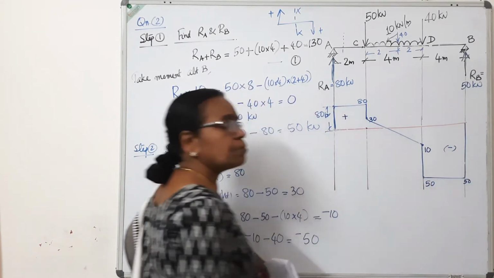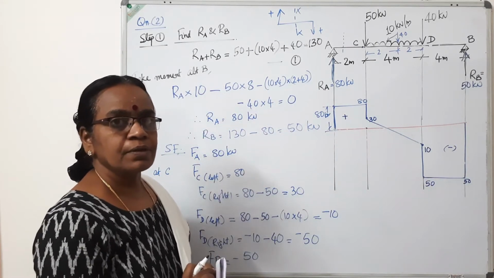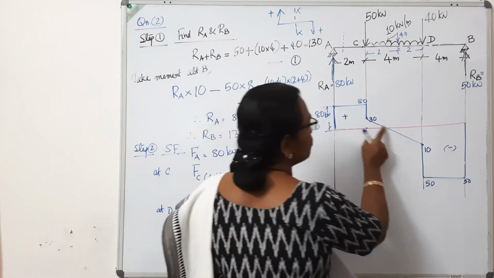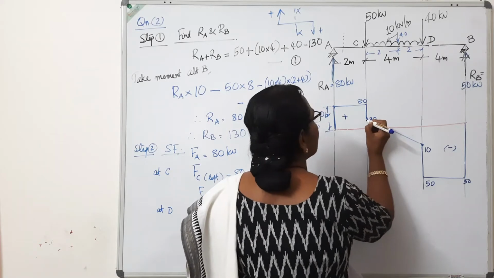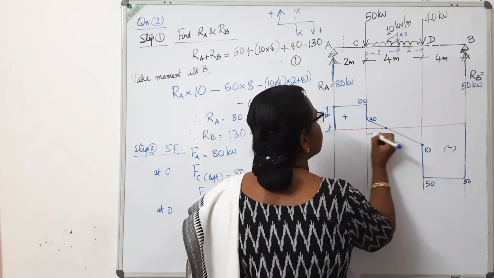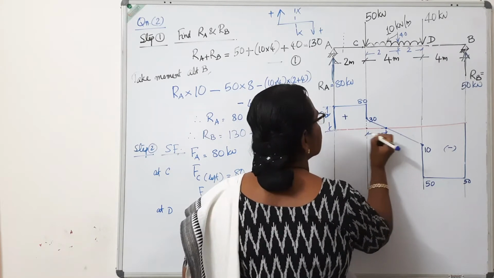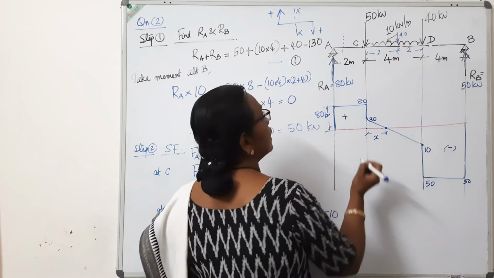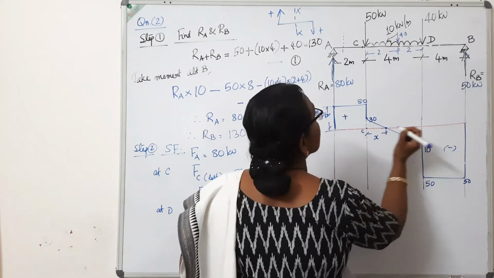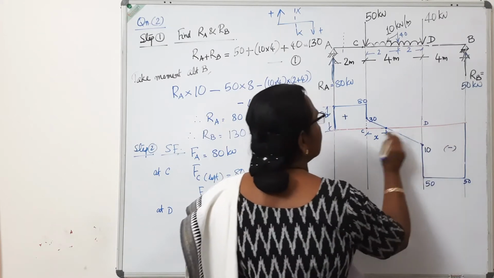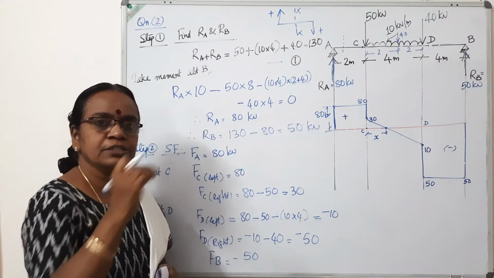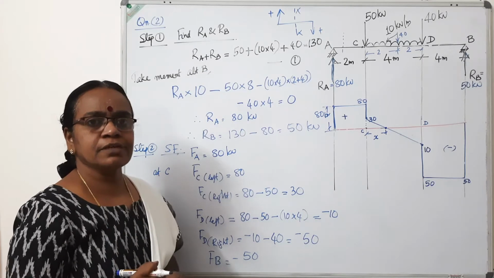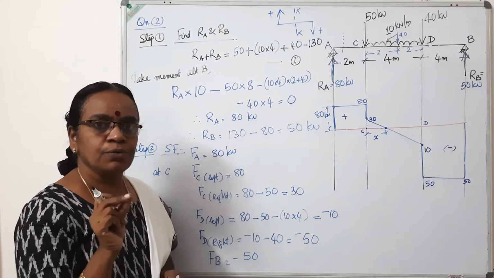Now the speciality about this is, in this portion since there is UDL, in the shear force diagram there is a point where the shear force is 0. This point is very important. It will be at a distance x from C. This point is C. This point is D. In the portion CD, there is a point where the shear force changes its sign or the shear force becomes 0.